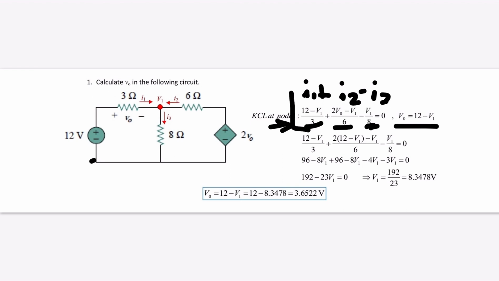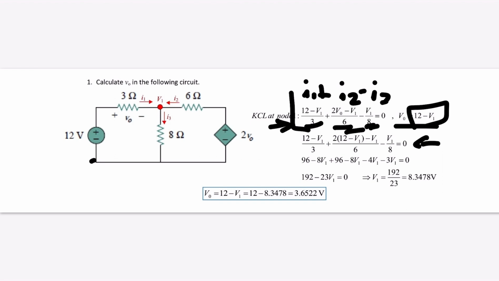Once we have these two equations with two unknowns, we're going to replace all V naughts with 12 minus V1, as you can see here. We have this whole equation in terms of V1.